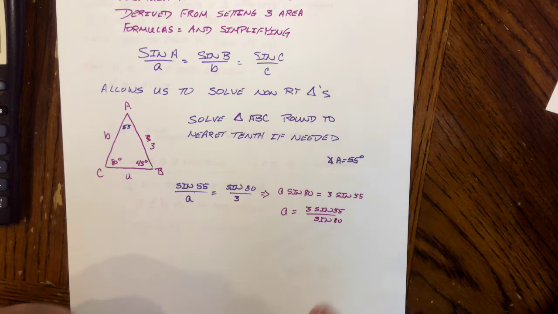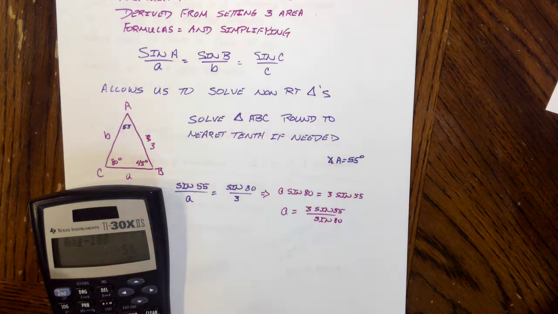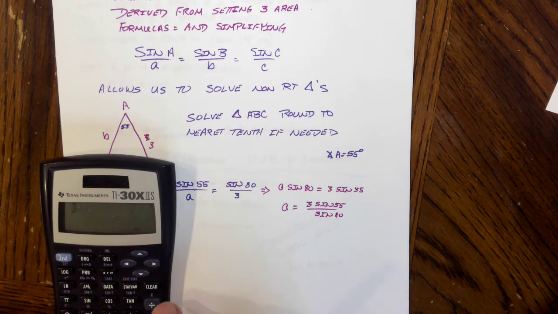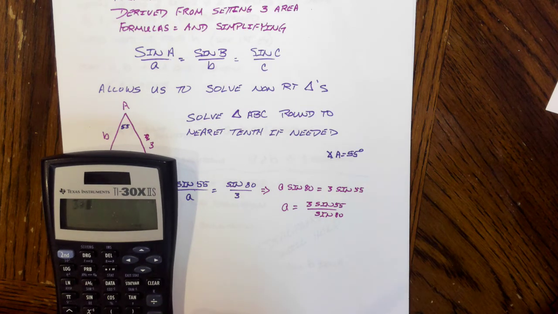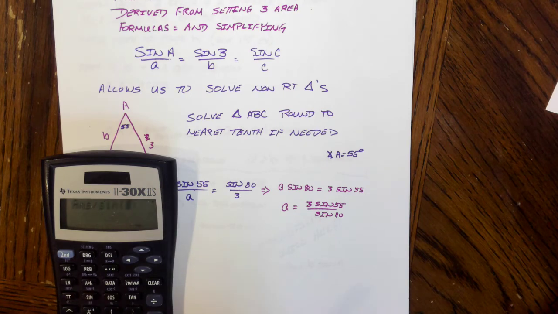Round to the nearest tenth if needed. So we're going to take 3 times the sine of 55. I'm going to close that, get that answer. And I'm going to divide that by the sine of 80. Close that, answer. So approximately 2.5.